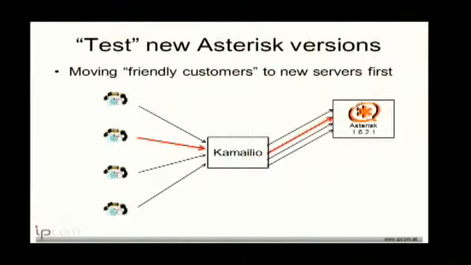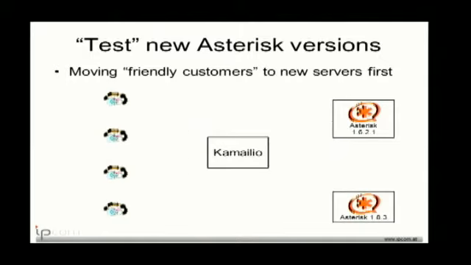And this one is also quite popular. Like, you want to test a new Asterisk version. Probably you install it somewhere and test it, but then you update your production machines, and something is buggy with the new version, or its behavior somehow changed. So you add the new server, for example with the new Asterisk version.